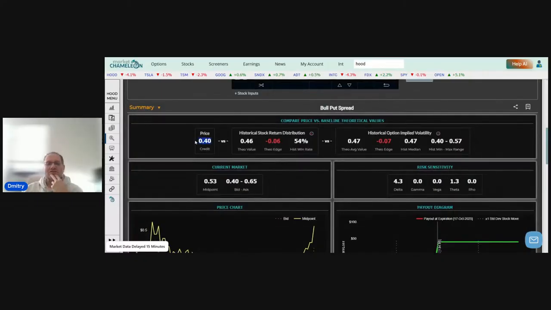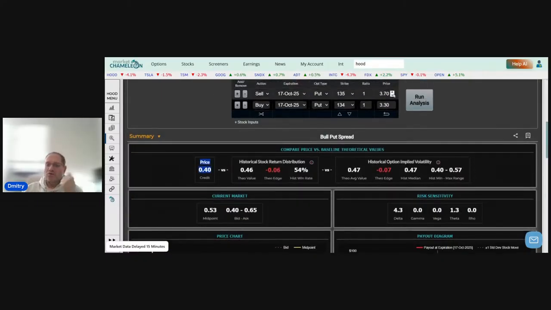So you could see here, if you sell it right on the bid, 370, and buy this on the offer at 330, that's 40 cents. But you could see here that the market itself is 40 cents by 65 cents, the midpoint 53. So you potentially could even get a much better execution than the bid itself, because it's still wide and it looks like the market itself is leaning towards competition, where maybe you get 53 cents, 55 cents, maybe even putting in an offer at 60 cents.